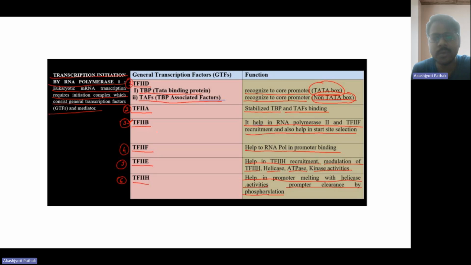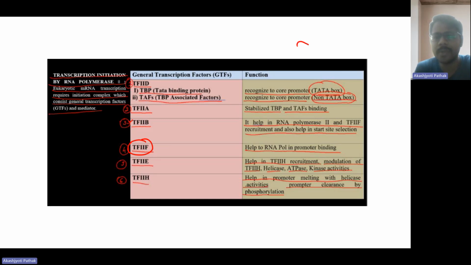What will transcription factor 2B do? It will help in the recruitment of RNA polymerase 2 and also the next required transcription factor, transcription factor 2F. And this transcription factor 2F helps the RNA polymerase bind to the promoter.